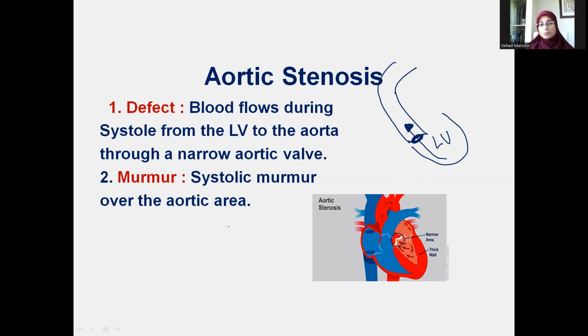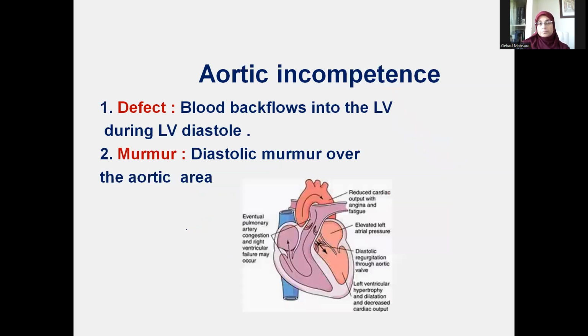So in aortic stenosis, you hear a systolic murmur, but where? Over the aortic area. Notice that when the semilunar valves are stenotic, the murmur is systolic, in contradistinction to the atrioventricular valves that when they are stenotic, the murmur is diastolic.